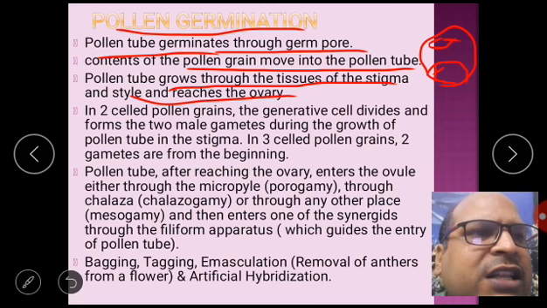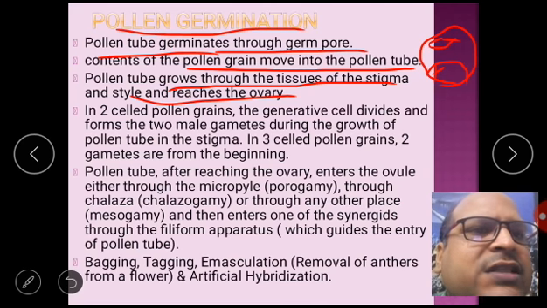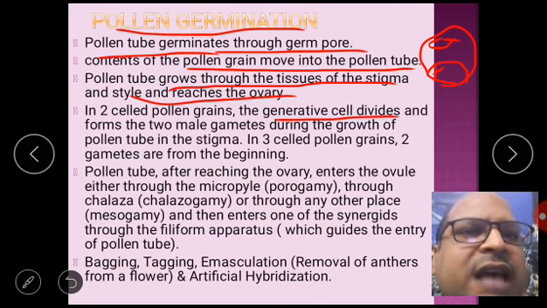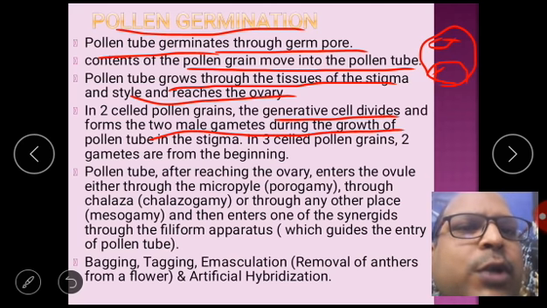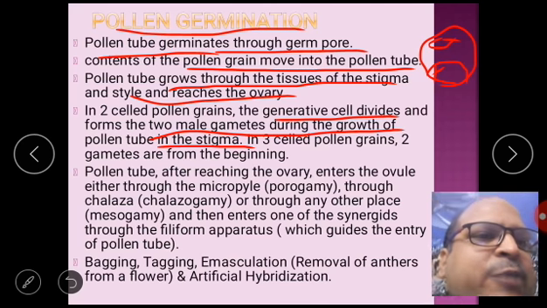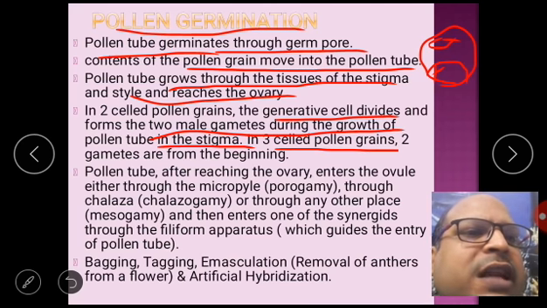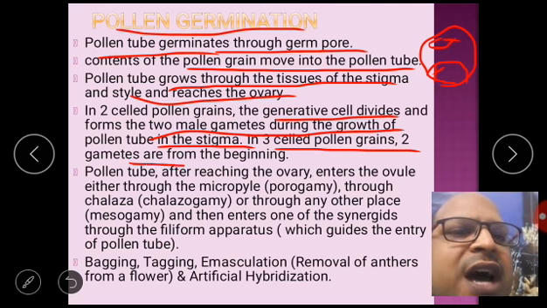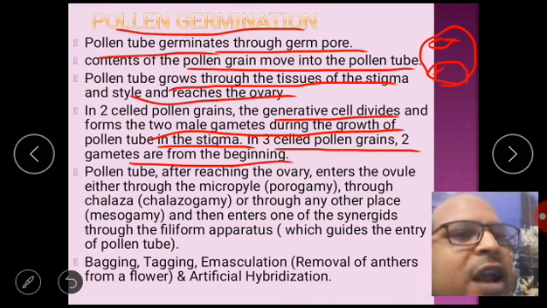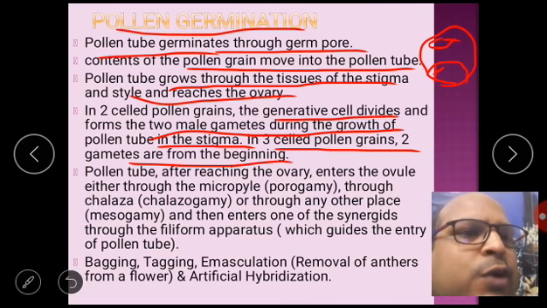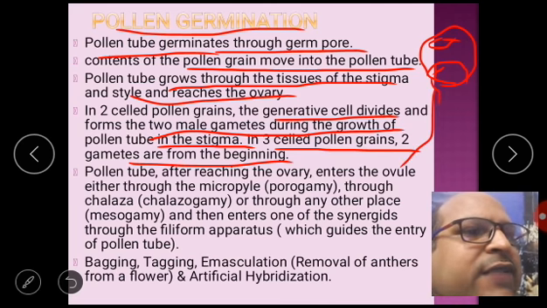So here in the two-celled condition, the generative cell divides and forms two male gametes during the growth of the pollen tube in the stigma. In three-celled pollen grains, the two gametes are present from the beginning. Now, what I'm telling you here: if the generative cell is already divided, then it must have two nuclei.